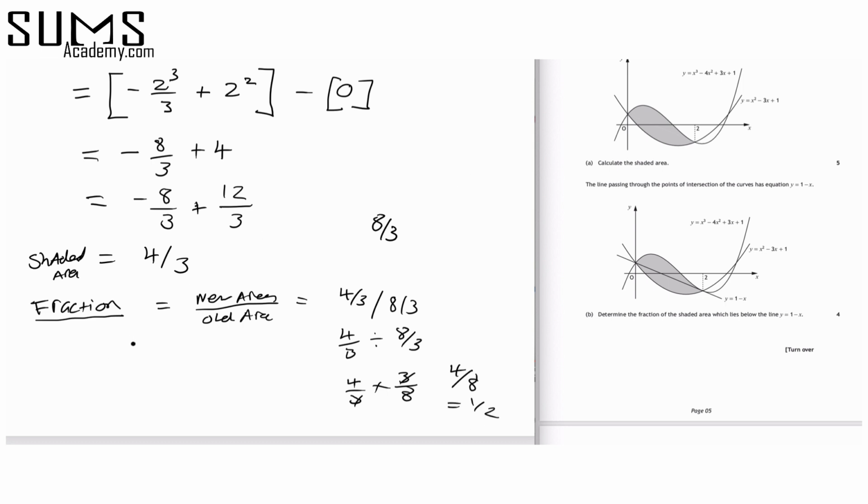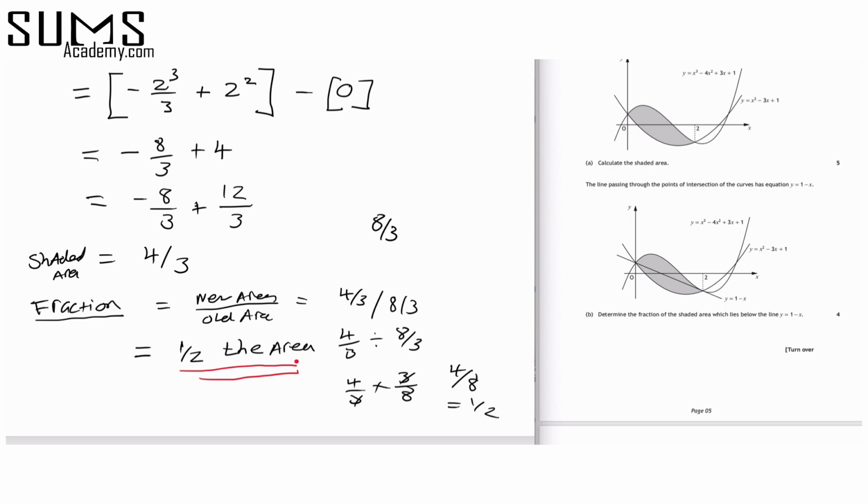So you could say the fraction of shaded area equals half the area. Now they don't ask for a statement, but you can put one in if you want. So here, half the area.